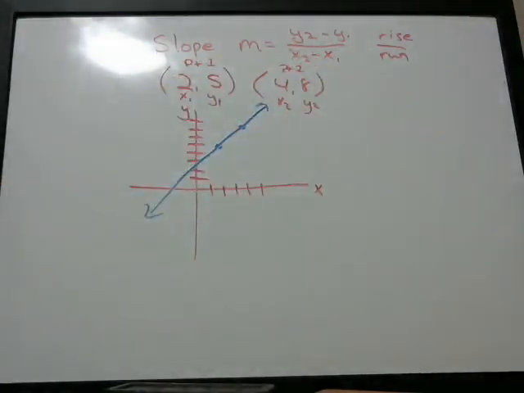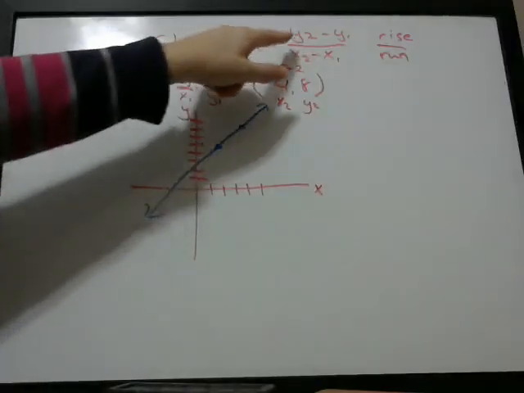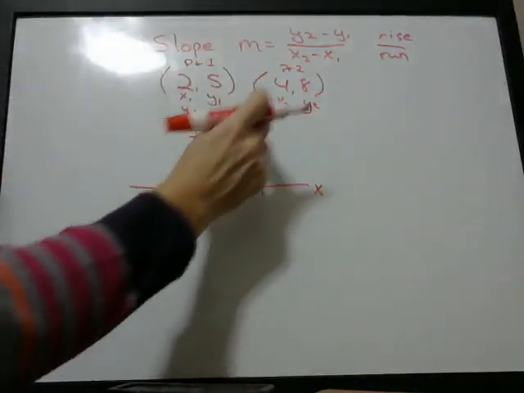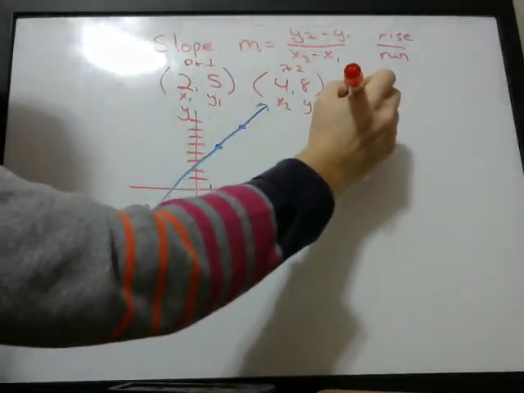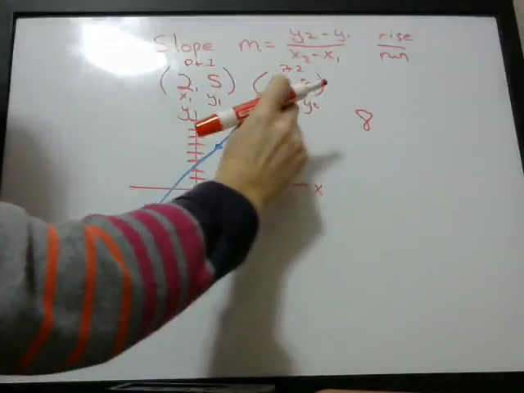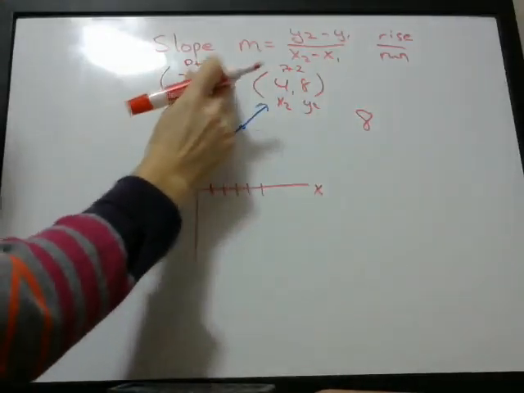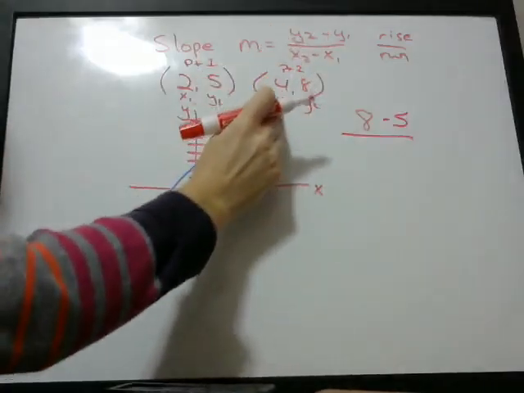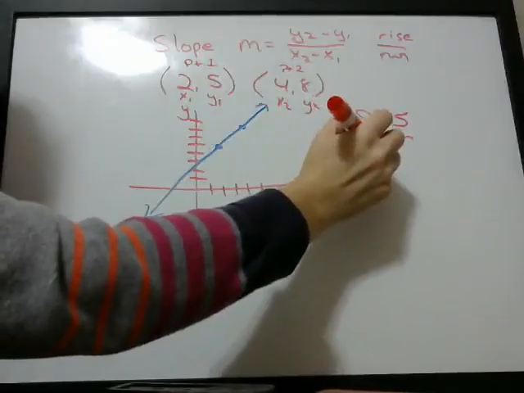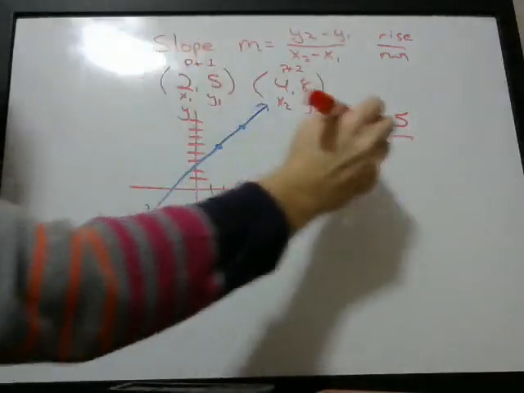So you just label the numbers in your 2 points. And then we simply plug them in. So y2, well, we called y2 was 8, minus y1, y1 was 5, divided by x2, x2 is 4, minus x1, x1 is 2.